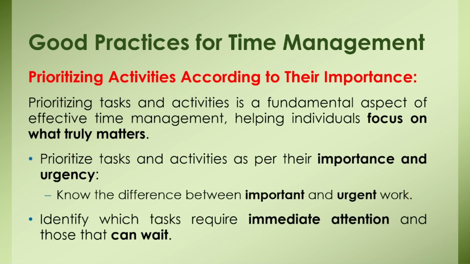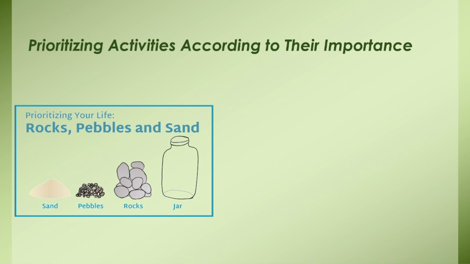Okay, we have seen this example together. This is the experiment of the jar with sand, pebbles, and rocks. We said before that the rocks are the major, important tasks. The pebbles are the less important, and the sand is the trivial things in your day.